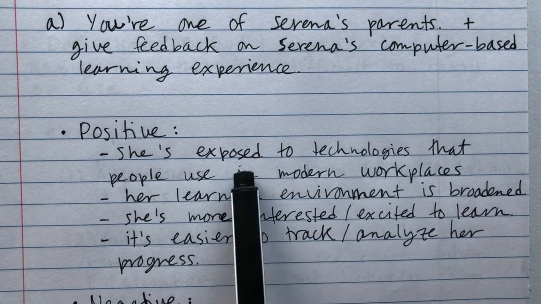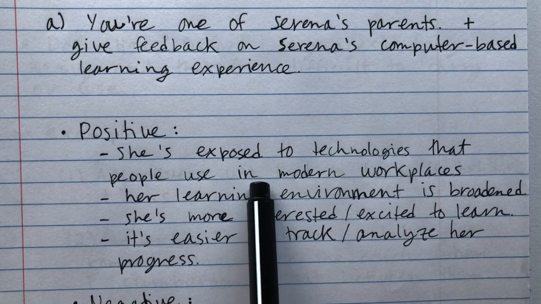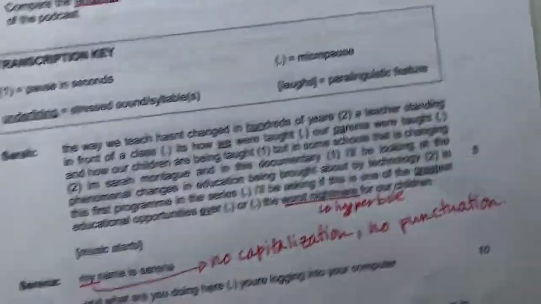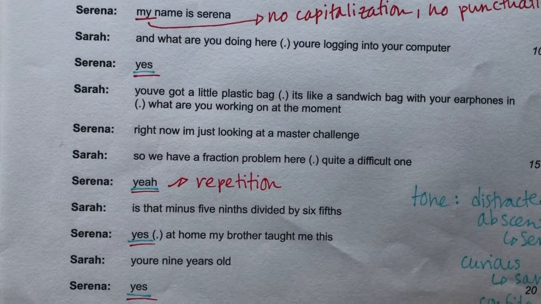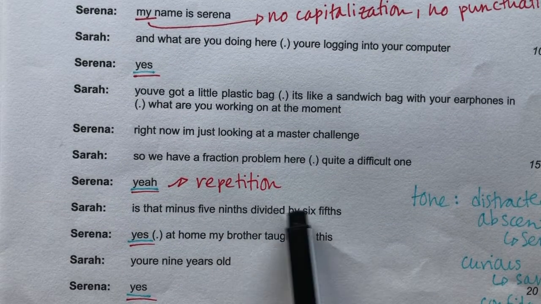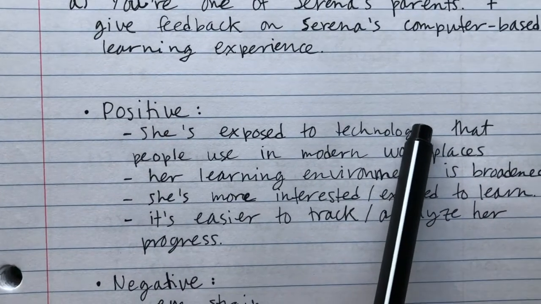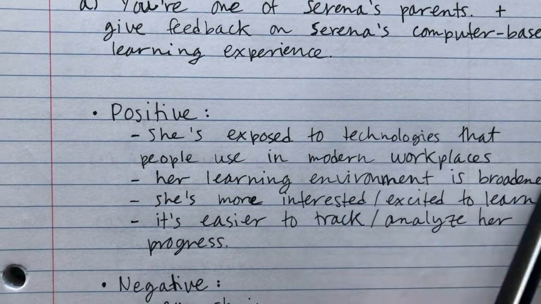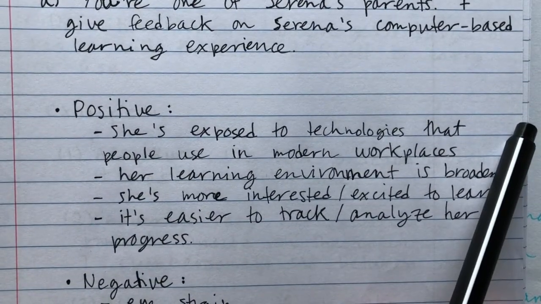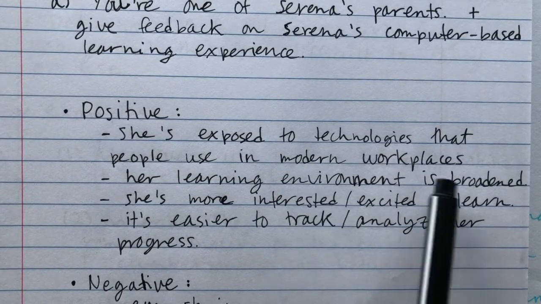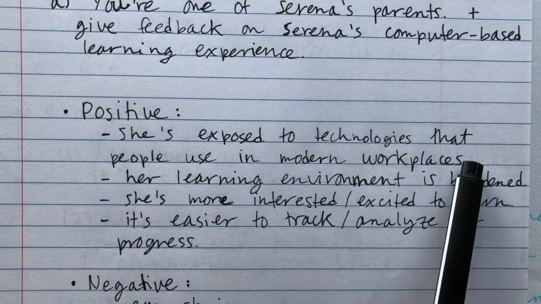And here you can argue that, for example, Serena, in the transcript here, she was doing math on the computer, okay? So maybe she's using a specific software. We don't know, but she's exposed to technology that people would be using in workplaces. So that's a plus. That's very good.